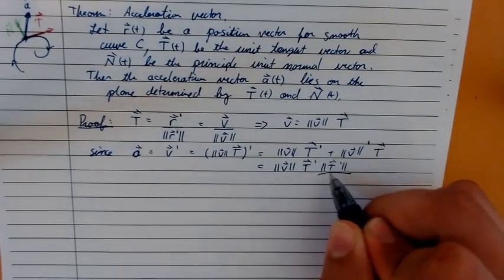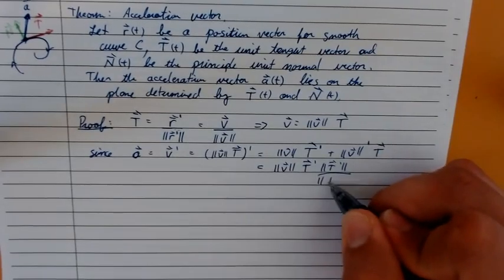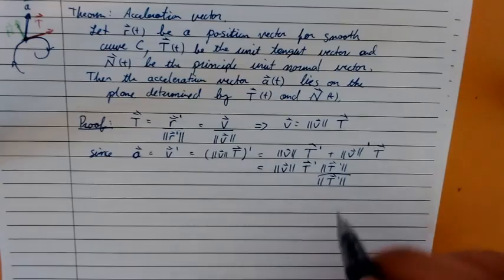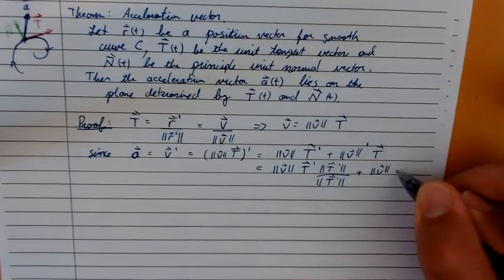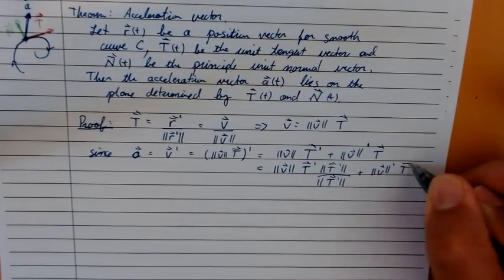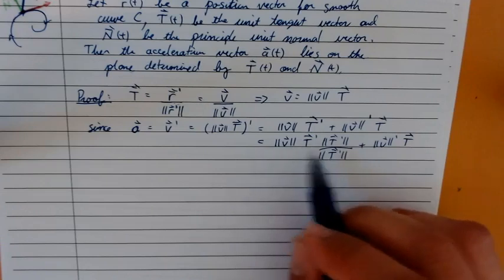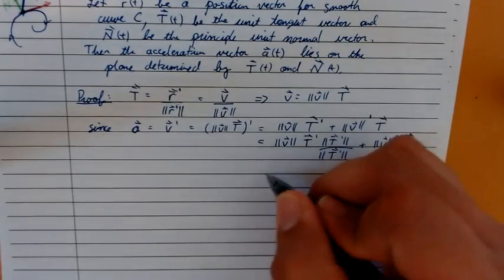I'm going to take the magnitude of the derivative of t over itself, which is the number 1. So technically, nothing's changed. Like this. But now I can reorder some stuff. Because after all, this is just a product, which means I can order things however I like.